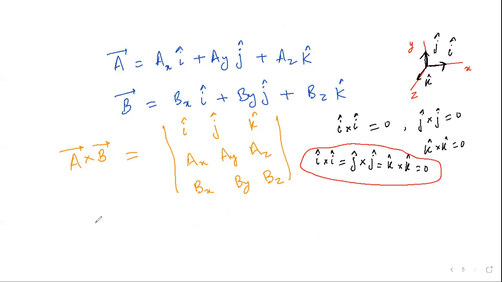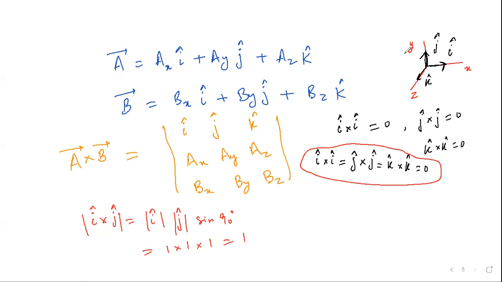Then let us discuss, if I cross i with j, what is i cross j? Its magnitude will be magnitude of i, magnitude of j into sine of the angle between i and j, that is 90. Sine 90 is 1. That will be 1 into 1 into 1, so magnitude of this vector is 1. i and j are dimensionless, so this vector will also be dimensionless. What about the direction?